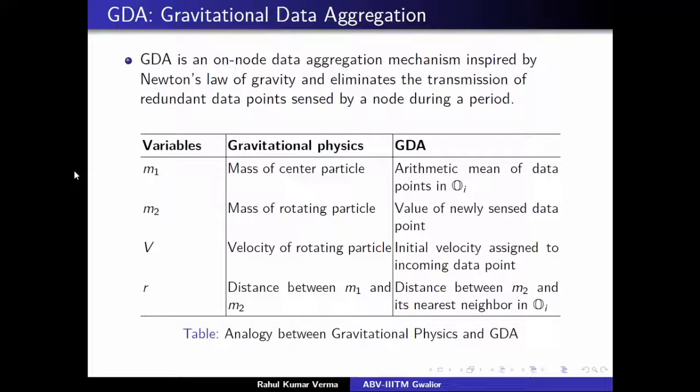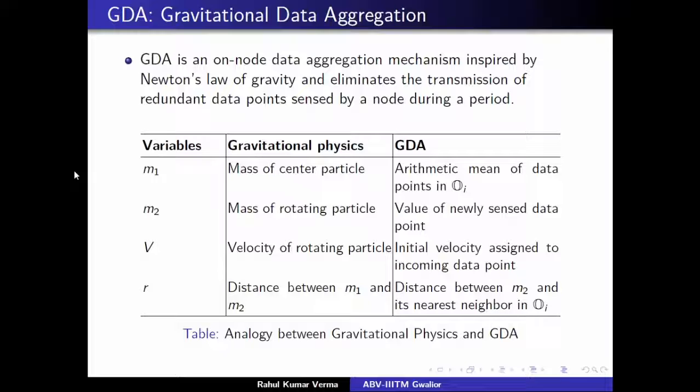This is the basic mechanism, gravitational data aggregation, which is inspired by Newton's law of gravity. This is the basic analogy between gravitational physics and our proposed mechanism, GDA. We are using variables typically used in gravitational physics in our mechanism as well. Basically, we create a center particle as in gravitational physics.